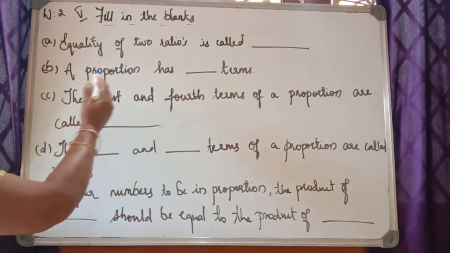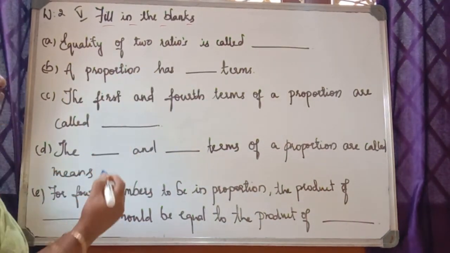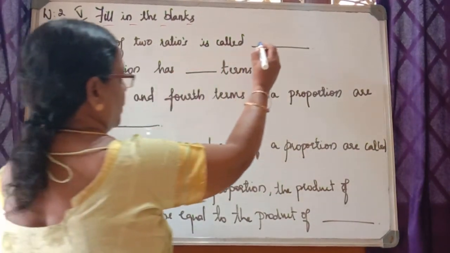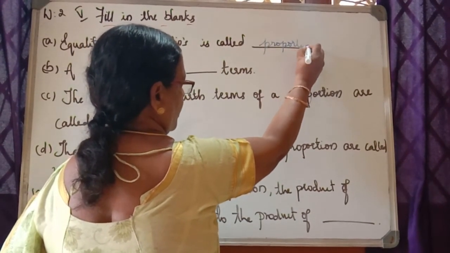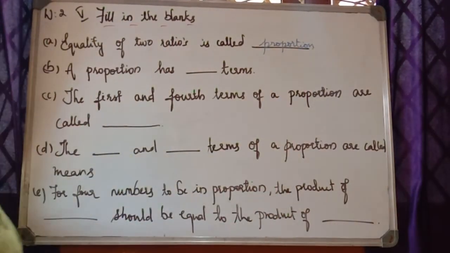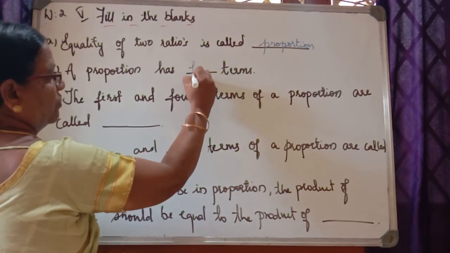Fill in the blanks. First one, equality of 2 ratios is called what, children? Equality of 2 ratios is called proportion. Now, your proportion has how many terms? 4 terms.